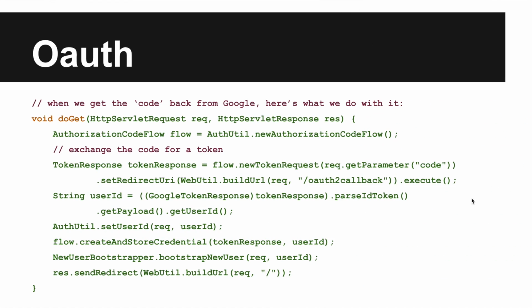Okay, so now we're coming back from Google servers, and you can see that we've gotten a code back from Google, and then we're going to want to exchange that code for a token. So you can see in the request we're going to get the parameter code, and then that goes into the token response. And you see that we're, again, sending a redirect to this OAuth2 callback. And I think we just use that to handle a lot of these authentication requests.